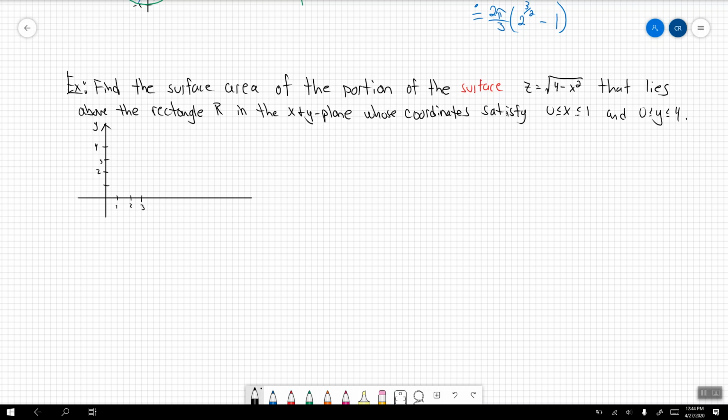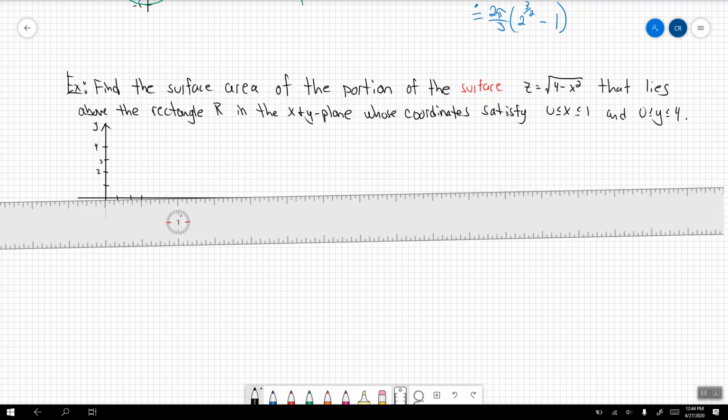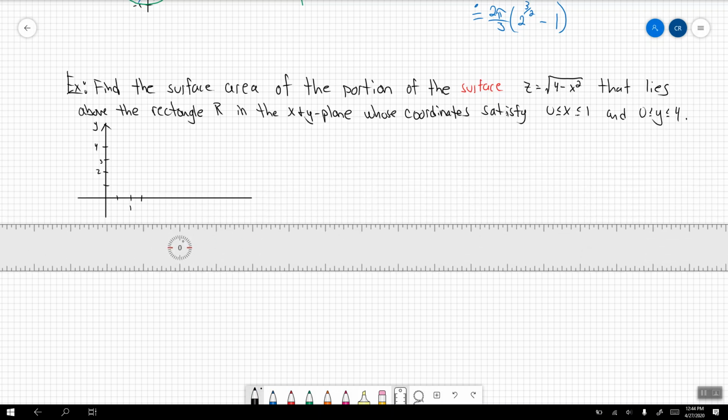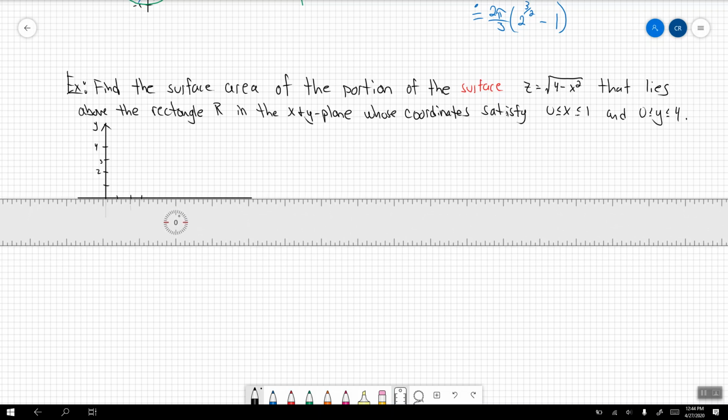Alright, so here we go. Actually, let me make this slightly bigger. It's going to go from 0 to 1. There we go. Perfect. Alright, so the region that we're looking at is the x values are going to go from 0 to 1, and the y values are going to go from 0 to 4.